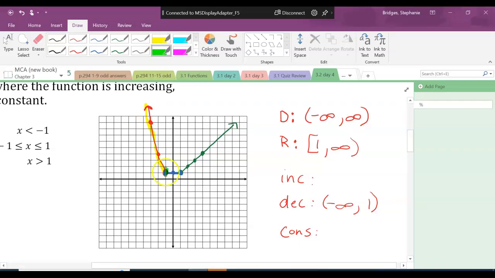What about the blue part? What is that? Constant, and it's constant between what x values? -1 and +1. And then that last section is doing what? Increasing from 1 to infinity. Yeah.